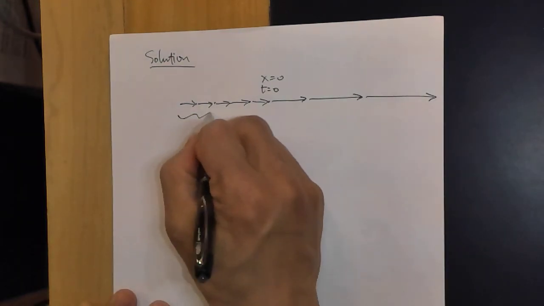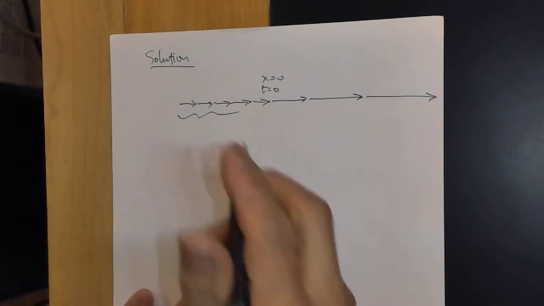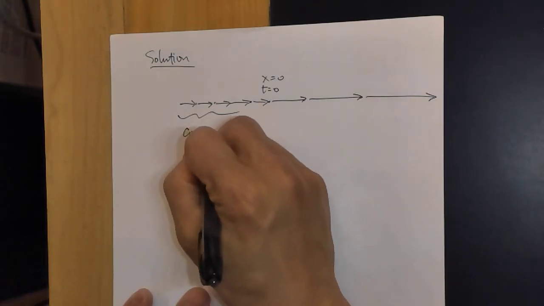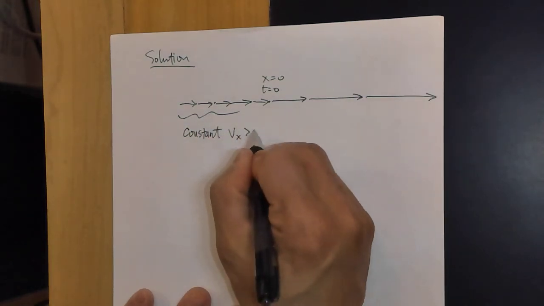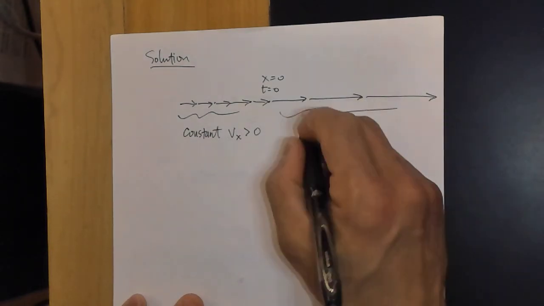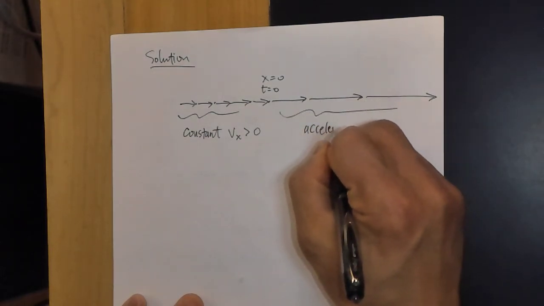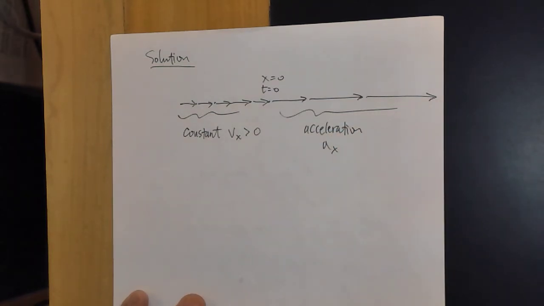It's moving even amounts of space in each interval, so this is constant velocity, constant vx, and it's also greater than 0. And over here, it's getting faster, so we have acceleration ax, and it's positive. Okay, everybody's good on that?